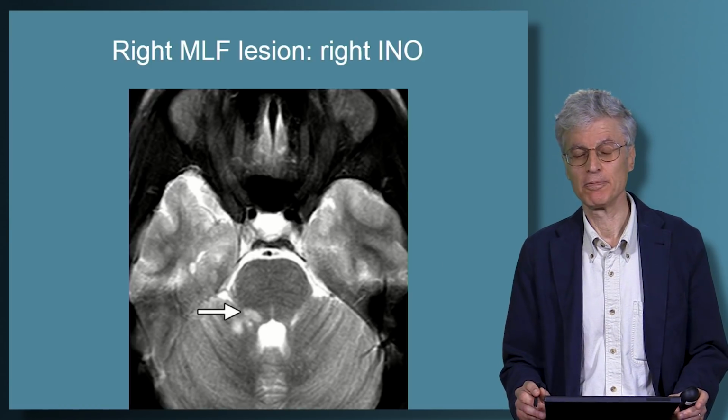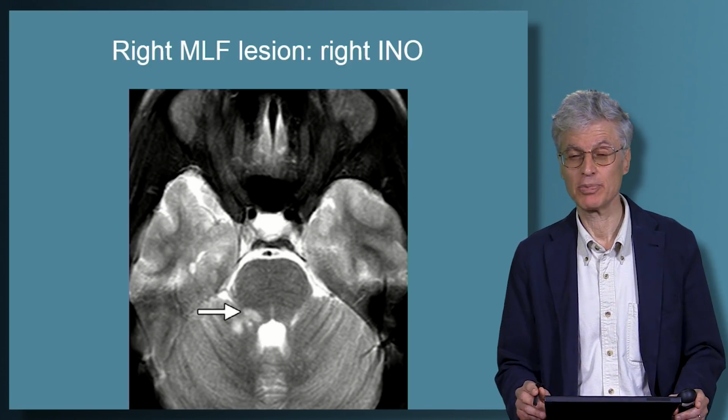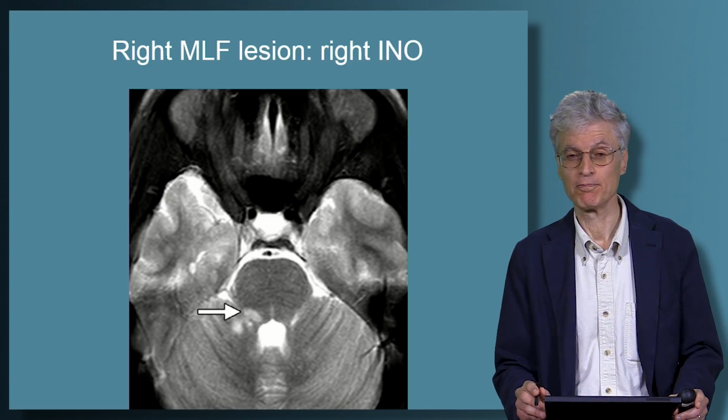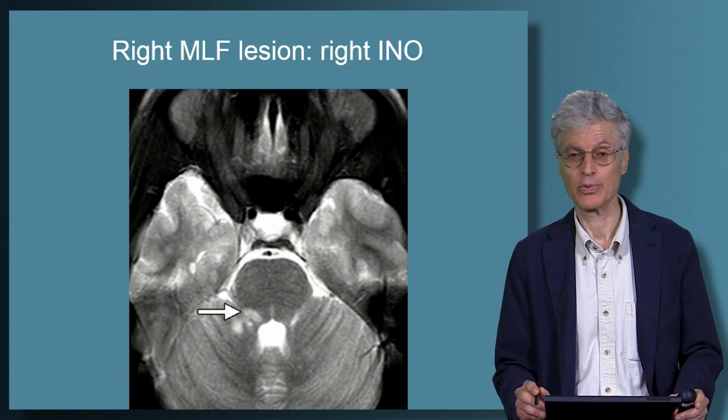Here is an example on an MRI scan with an axial view. At the top, you see parts of the frontal lobes. In the middle, parts of the temporal lobes. Just below the middle, in the midline, is the gray pons. And below that white area is the fourth ventricle, and around that, the cerebellum.